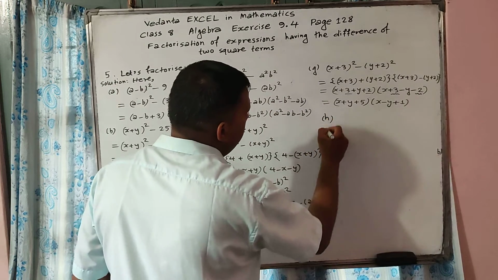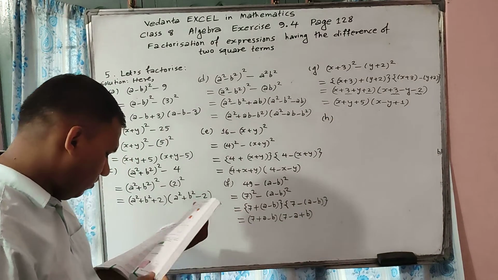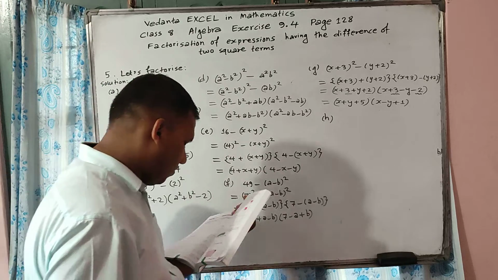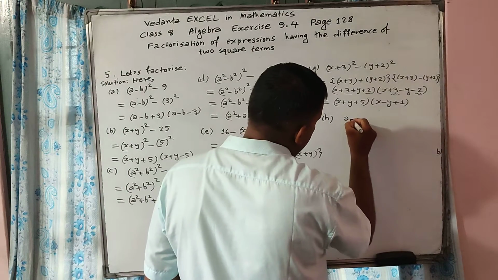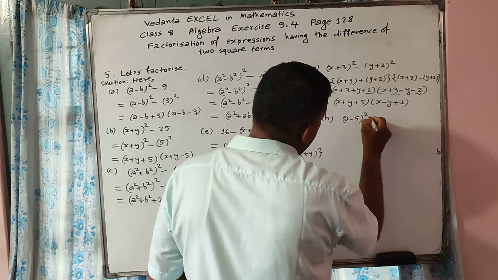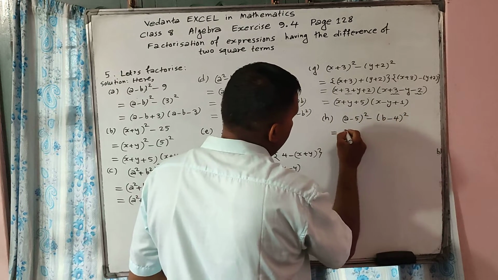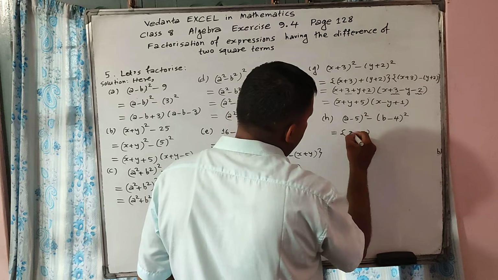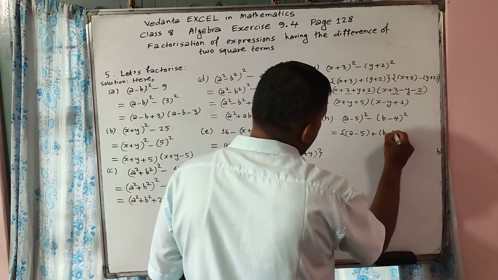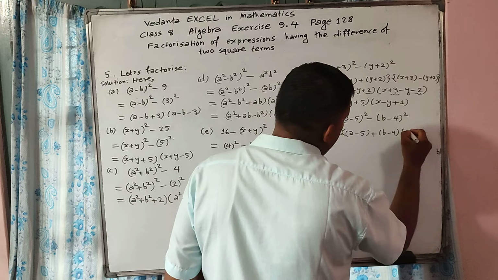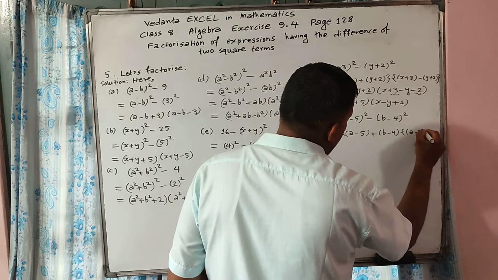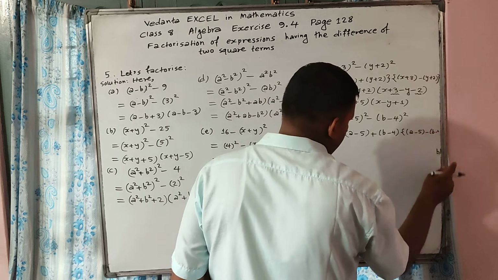For S we have (a minus 5) whole square minus (b minus 4) whole square. This is equal to (a minus 5 plus b minus 4) into (a minus 5 minus (b minus 4)).